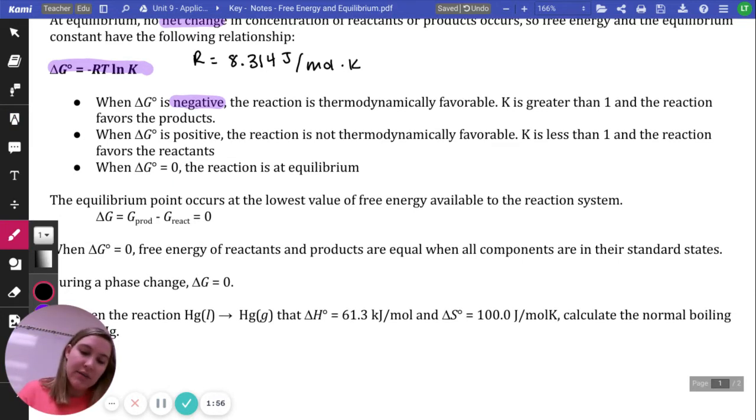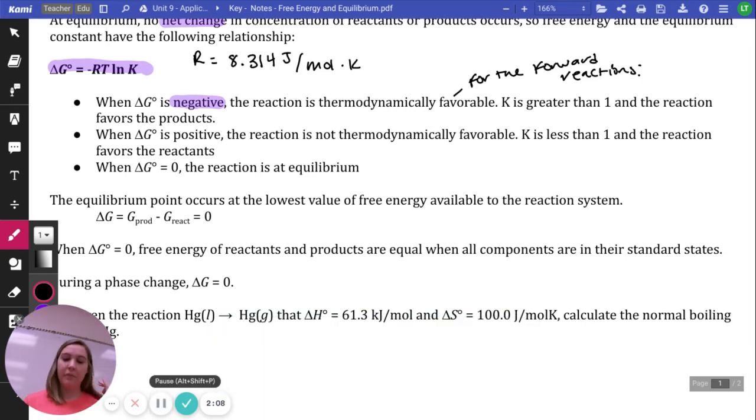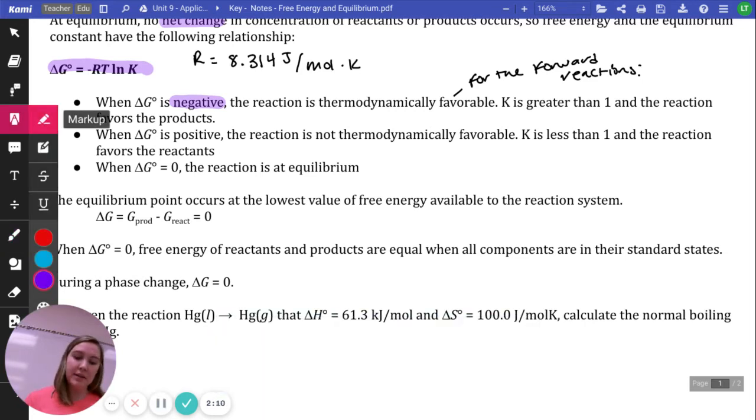So it's thermodynamically favorable for the forward reaction, the reaction that takes our reactants and turns them into products. That means our K will be greater than 1 and our reaction will favor the products. So if delta G is negative, K is going to be a big value, favoring our products. Our reaction is going to go to completion essentially.